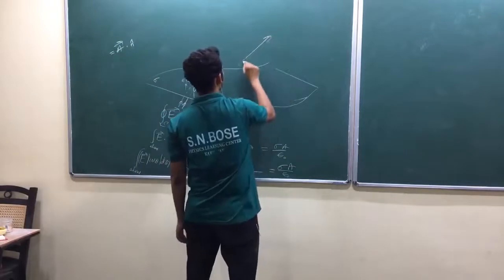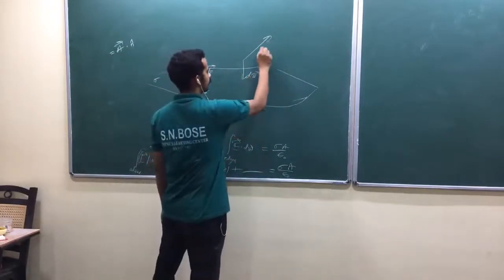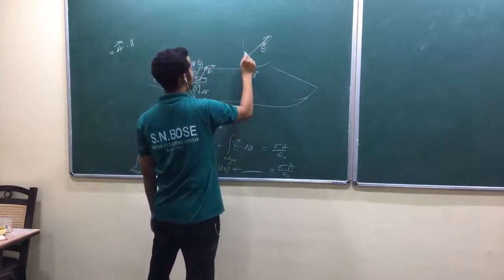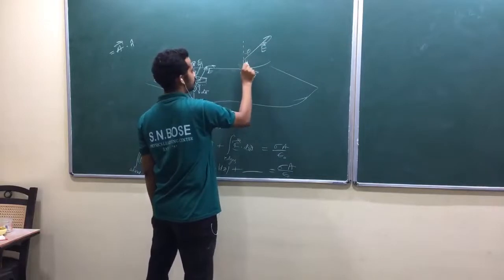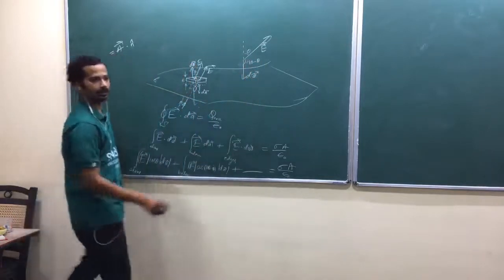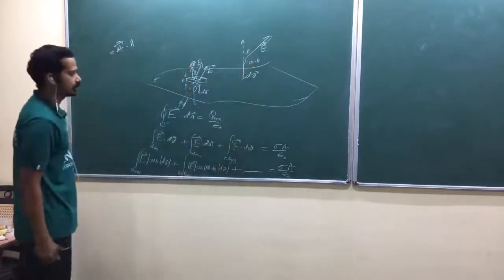The electric field is like this. Your dA vector is like this below. Earlier you have taken this theta. Now what is this one? 180 minus theta. This was above the dA vector theta, and below it is 180 minus theta.